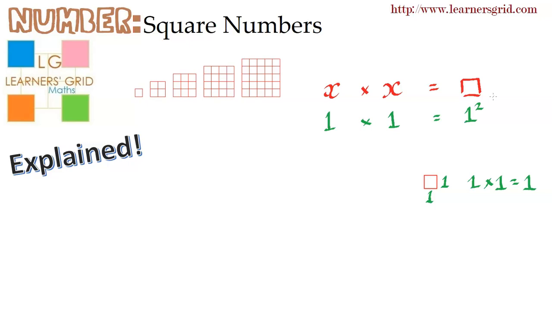Okay, so let's have a look at another number. Let's say we do 2 times 2. Okay, so 2 multiplied by 2. Well, that's going to equal 4. So how does that look as a diagram?